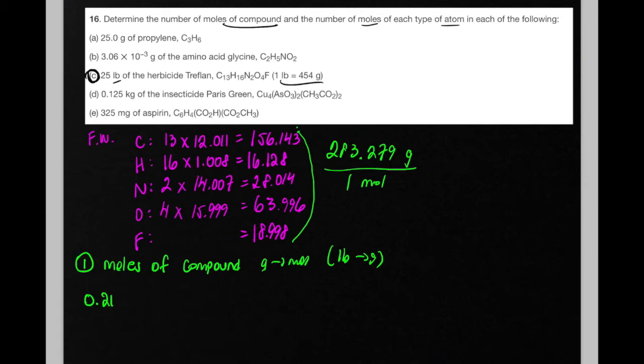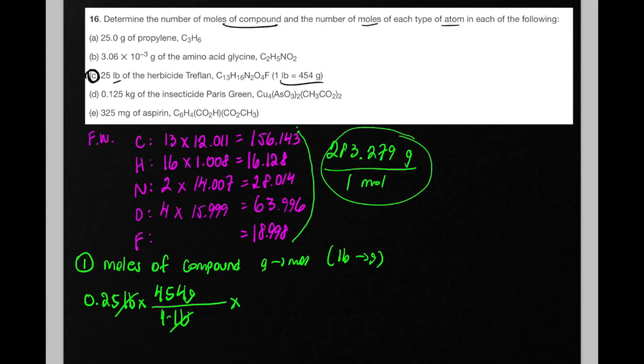So we'll set that up as follows: 0.25 pounds and 454 grams over 1 pound. Okay, so the pounds cancels.